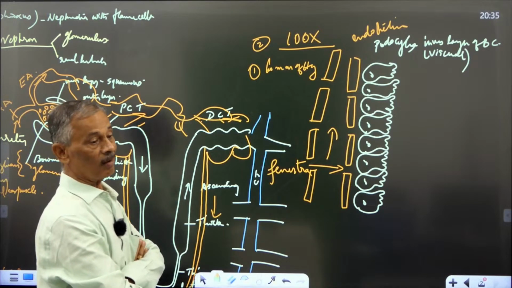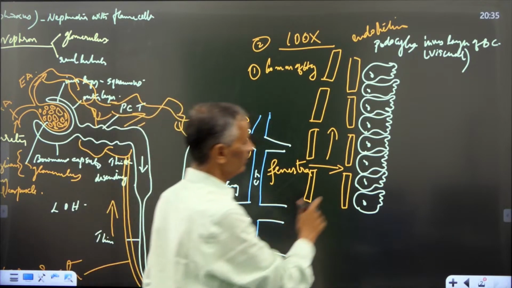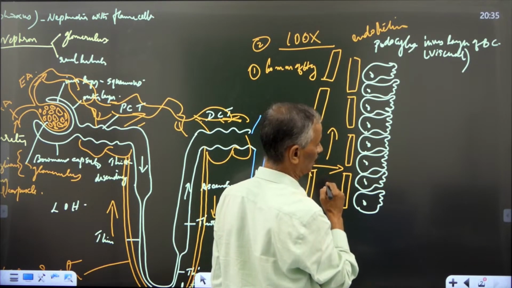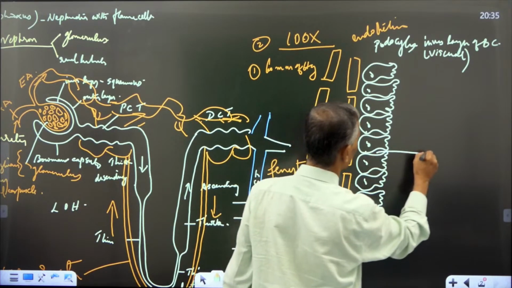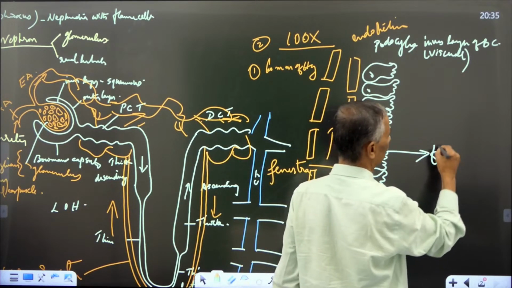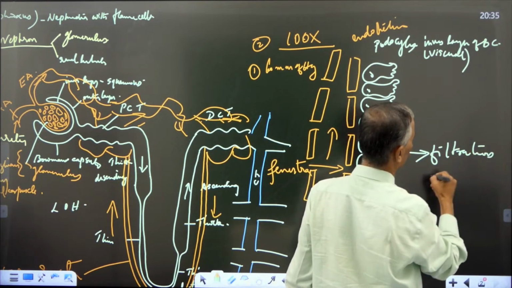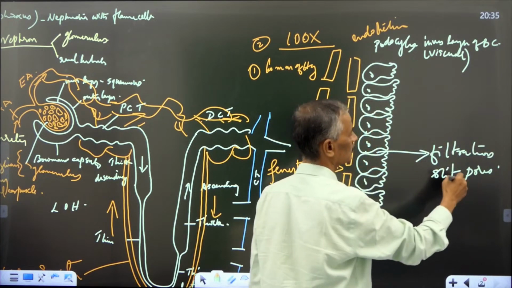The cells have a foot-like shape, so that even if the cells are kept close together, which is the characteristic feature of epithelium, they leave some gaps between them. These gaps are called filtration slits or slit pores.